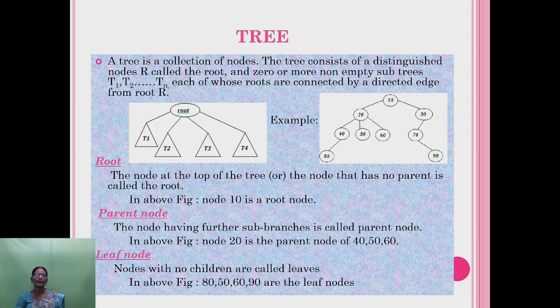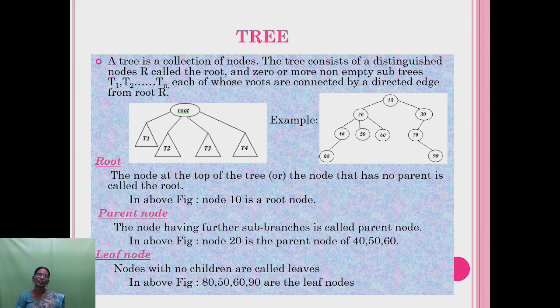So this is right. Root node means what? The node at the top of the tree is called the root node because this node has no parent. For example, here 10 is called the root node. Another thing is the parent node. Those nodes that have children are referred to as parent nodes. Here 20 and 30 are parent nodes.